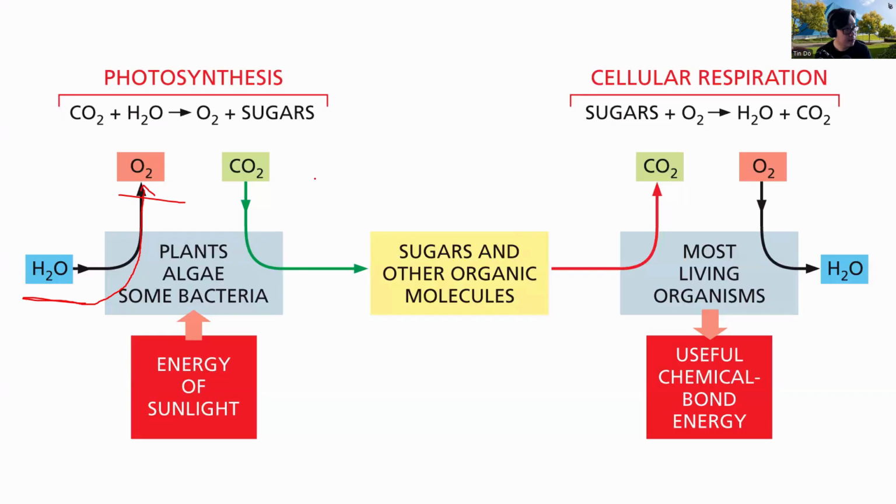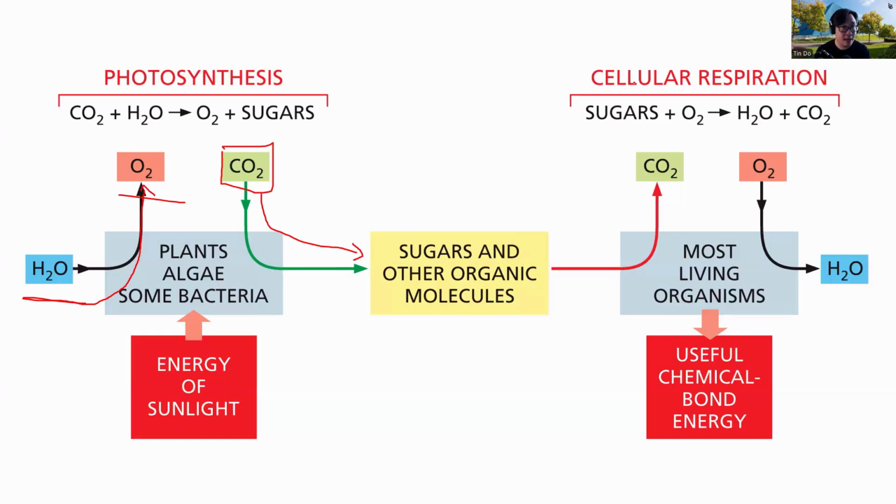Okay. Now, carbon dioxide, on the other hand, is used to produce sugar because we're taking a whole bunch of carbon dioxide, piecing them together, and then creating a sugar ring. Now, again, you need to inject energy when we're creating things. Some energy comes from the sunlight. So, in cellular respiration, however, it's the exact opposite.